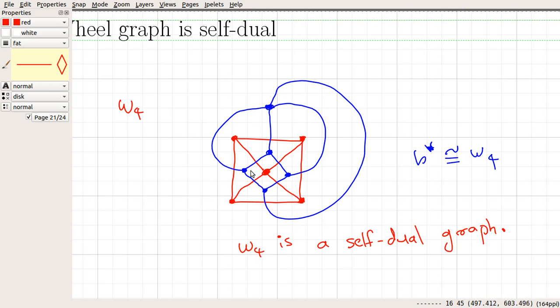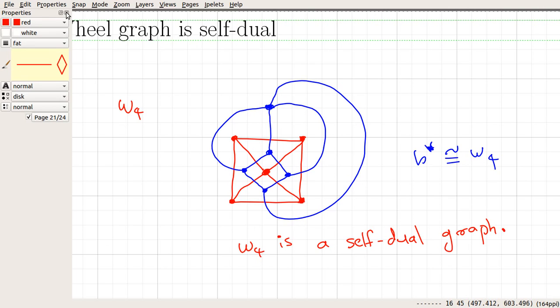If you look closely, we have this C4 and a vertex similar to a middle vertex, and that is connected to each and every other vertex. So G star is isomorphic to W4, and that says W4 is a self-dual graph.